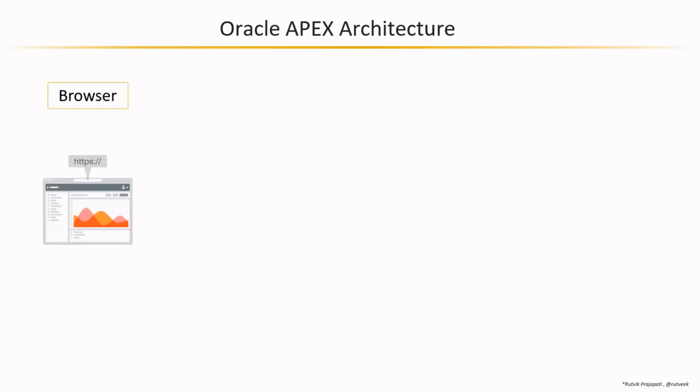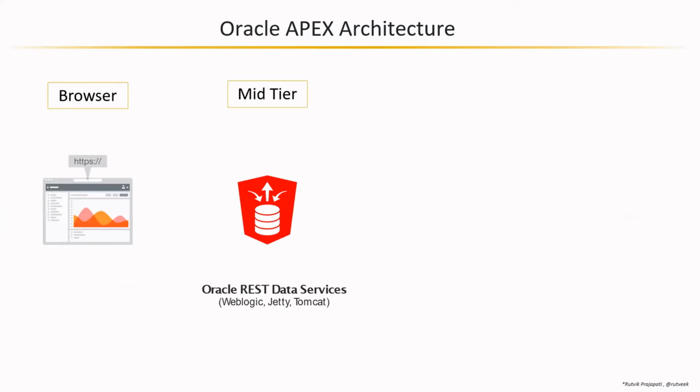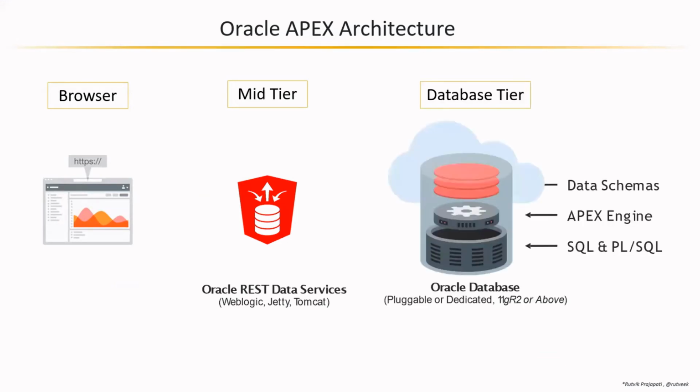So basically, Apex is a typical three-tier architecture where we have the browser, the middle tier, that is Oracle REST Data Services, which can be deployed on WebLogic or Tomcat, and lastly the database tier, where all the logic, all the magic happens, because all our application logic and database logic are stored in the database only.